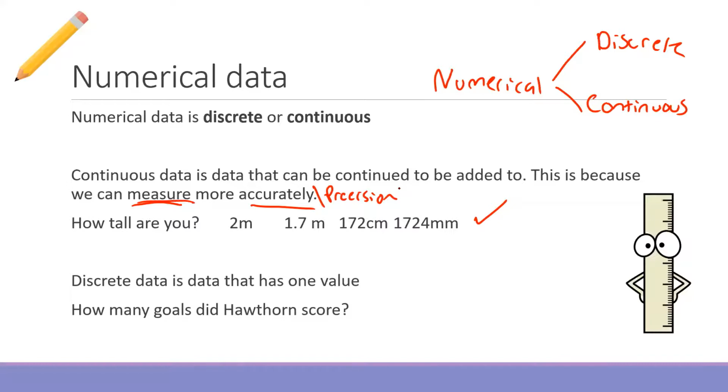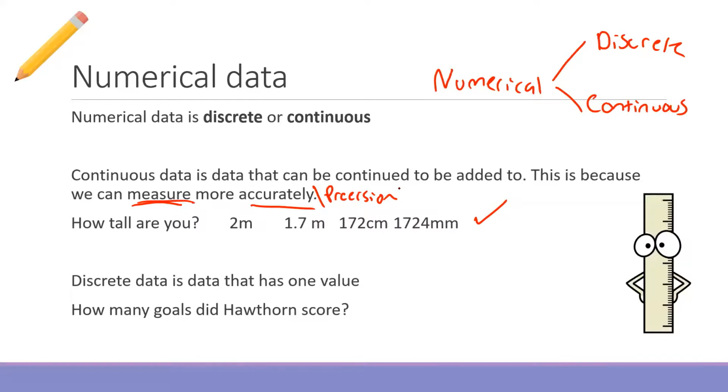Any type of data that you can measure more precisely is a type of continuous data. So for example, I could ask you how tall you are, how far away from home you are, how much you weigh, or how I could measure time.